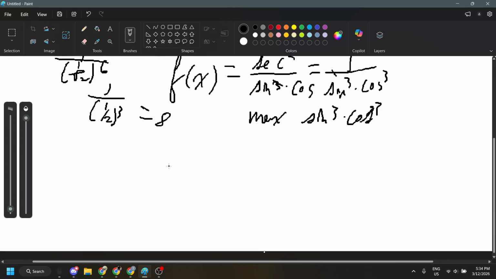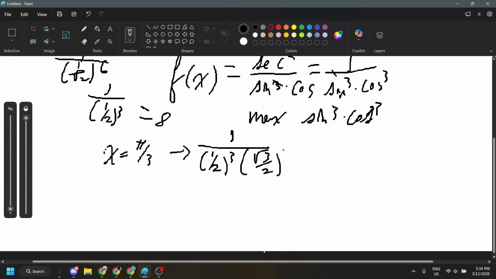Let's try x is equal to pi over 3. Then we get 1 over sine of pi over 3 cubed times cosine of pi over 3 cubed. Sine is root 3 over 2 and cosine is 1/2.